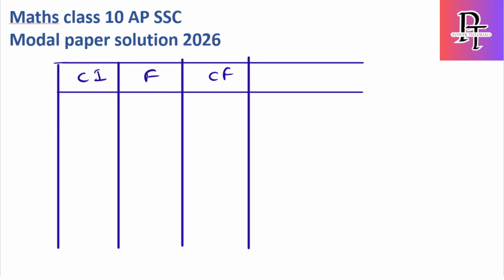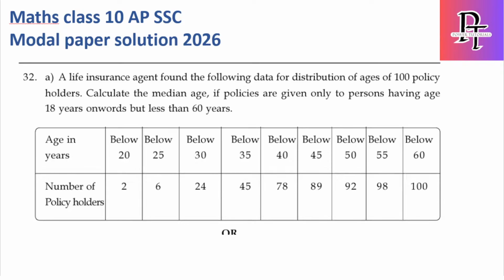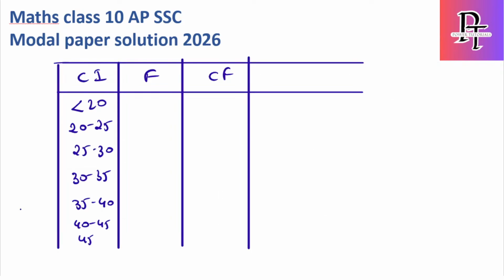Okay, CI is what they are asking, it is below 20, so I will write less than 20, and then 20 to 25, 25 to 30, 30 to 35, 35 to 40, 40 to 45, 45 to 50, 50 to 55.